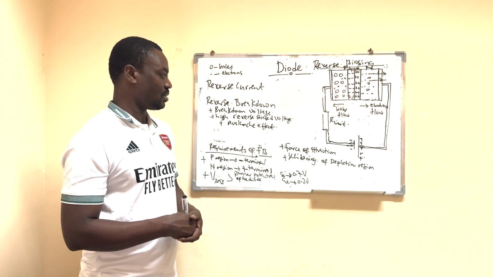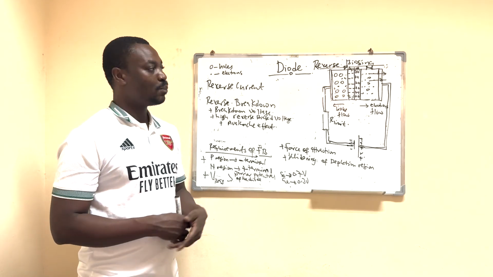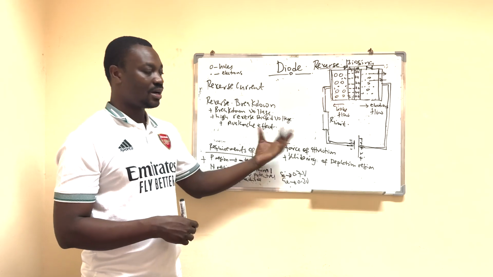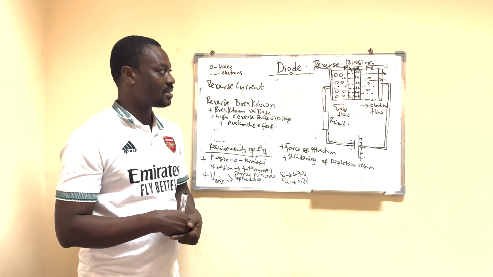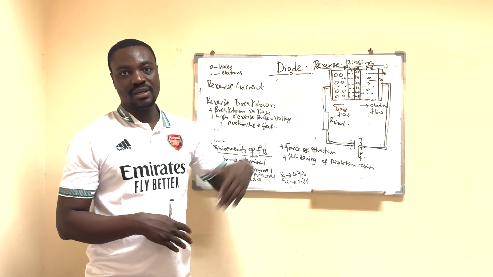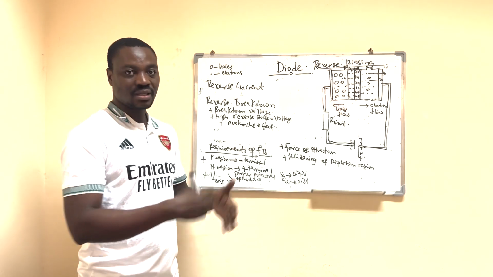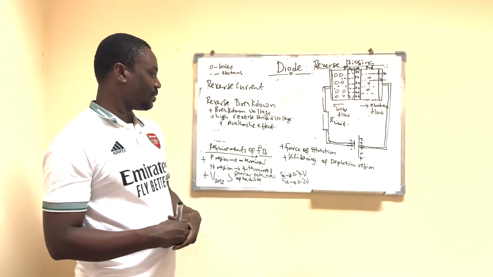In that process, the electrons push or knock other electrons out of orbit of the valence bond that exists between the atoms of the semiconductor used in fabricating the diode.